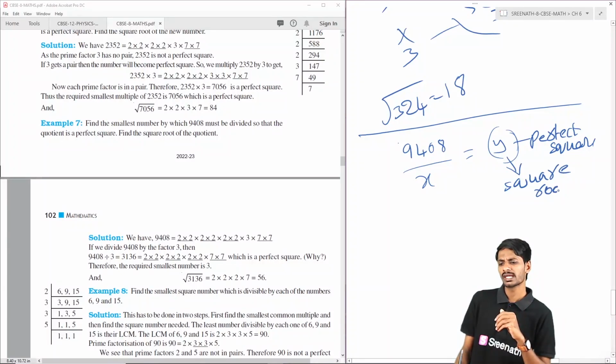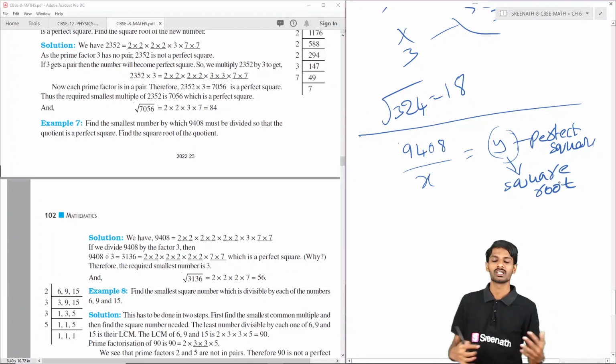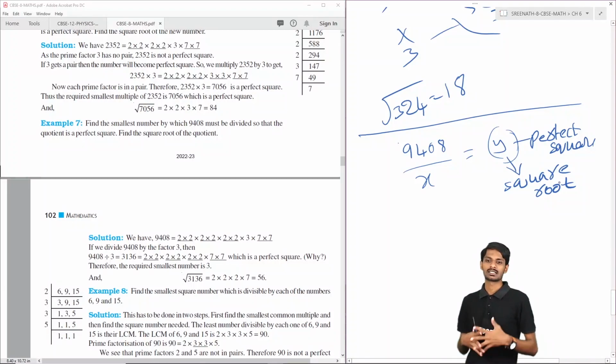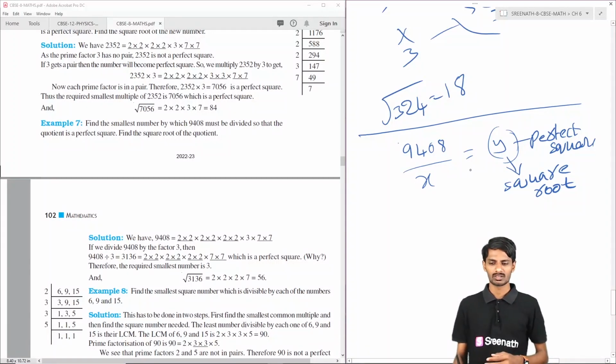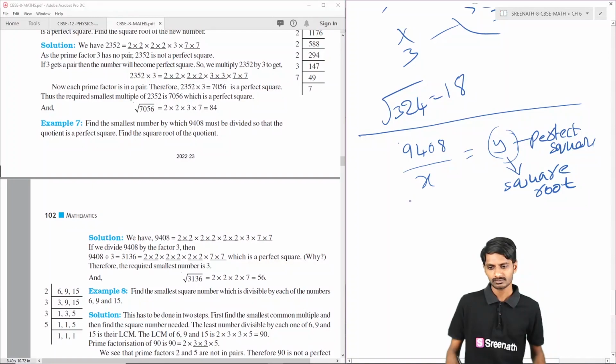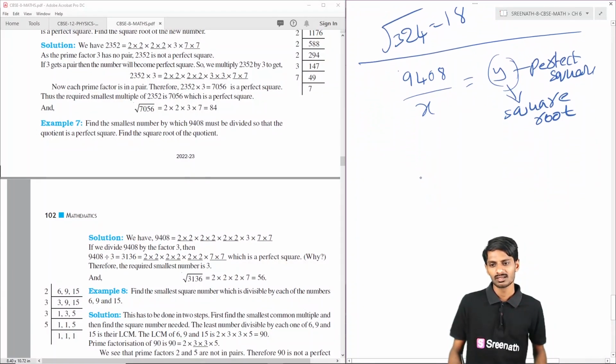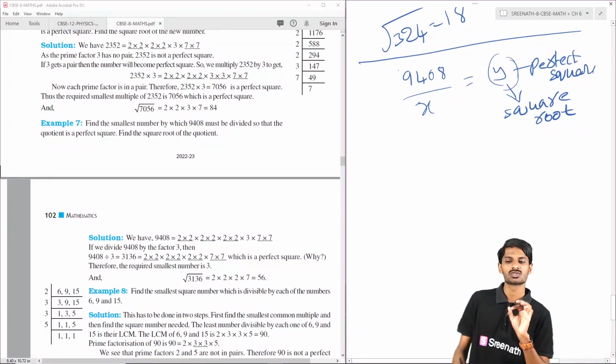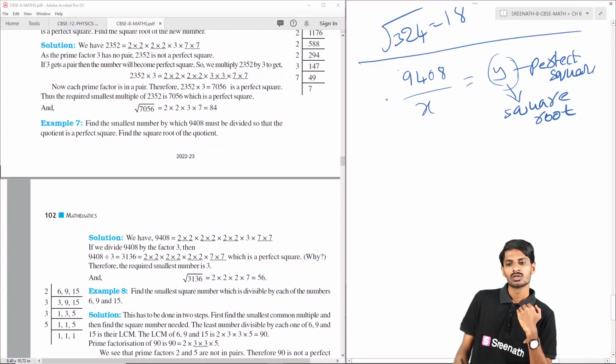Looking at this, you may think it is a very tough problem, a tough process, but it is very easy and simple. One thing is we have to find out this number. Later all this will be done within seconds. How to find this? The main thing is, it is not a perfect square. That is confirmed.